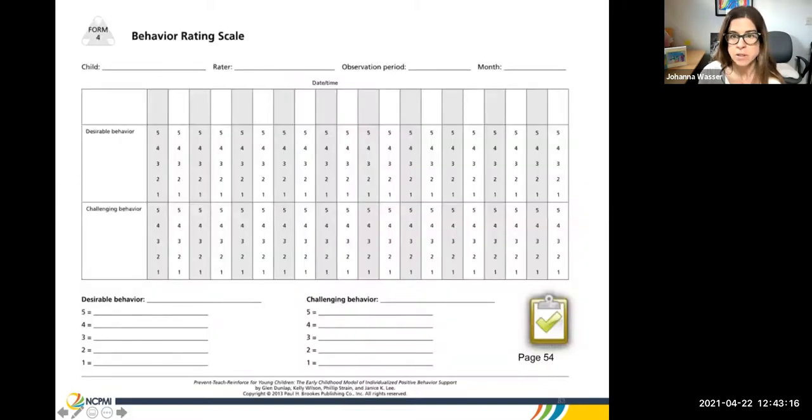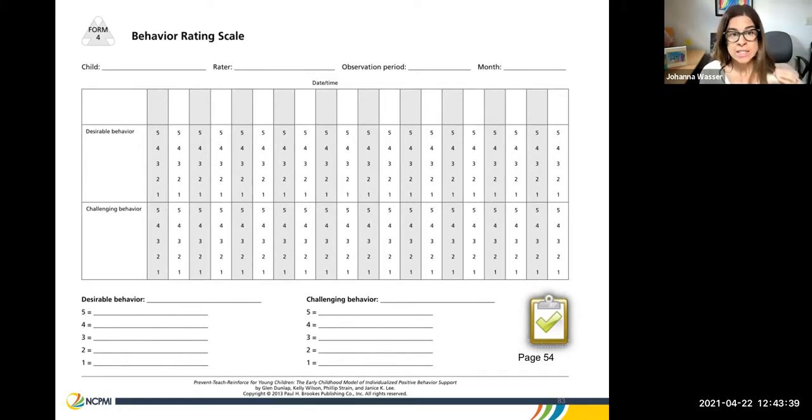It's just that we find a lot of value in this behavior rating scale, which looks like this, and I'll explain it versus looking at those PowerPoints, is that with this data tool, you can have multiple days, up to a month worth of information on one sheet. We're looking at the inappropriate behavior or the challenging behavior, as well as the desired behavior.